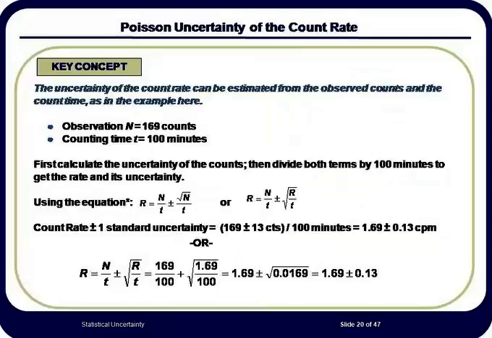Putting all these concepts together, we can estimate the count rate uncertainty using the equations identified on this slide. Remember that the count rate R is equal to the number of counts N divided by the time. For the example shown, if we record 169 counts in 100 minutes, we get a count rate of 1.69 counts per minute with a standard uncertainty of 0.13 counts per minute.